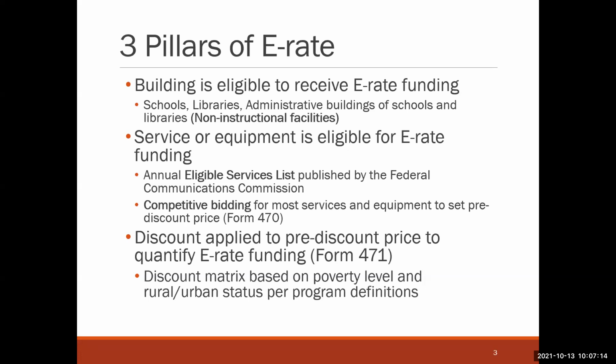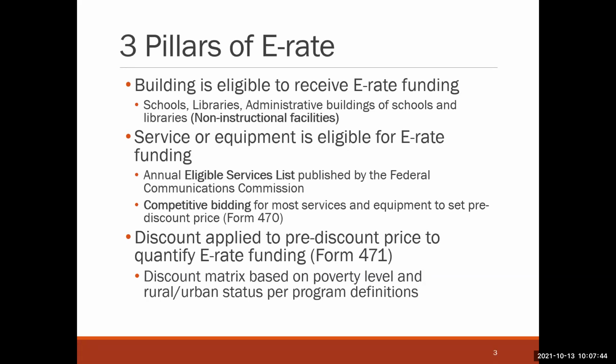All public, non-public, and tribal schools are eligible, and libraries that are eligible for LSTA funding, and any administrative building that is part of a school district or part of a library. Those are called non-instructional facilities, or NIF is the acronym. So the first pillar is that the building has to be eligible.